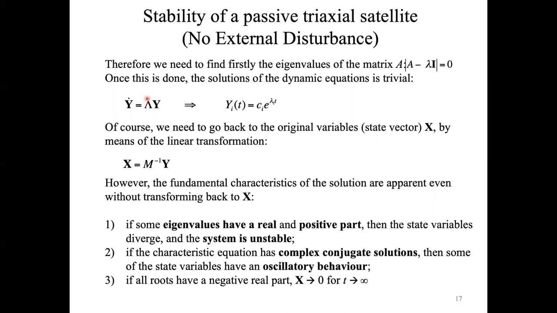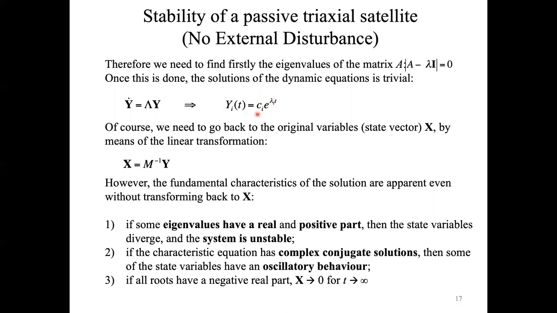And we know that these second order equations can be solved by using a sum of functions that depend on the exponential of lambda, that is the eigenvalue, times the time.